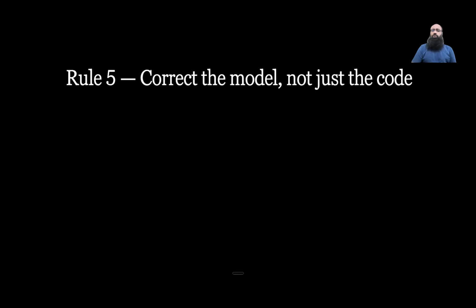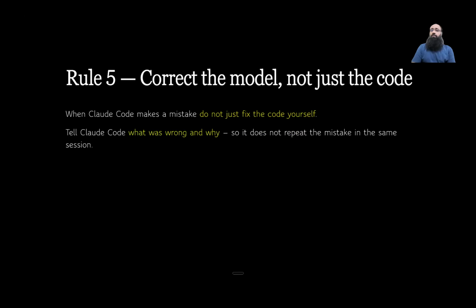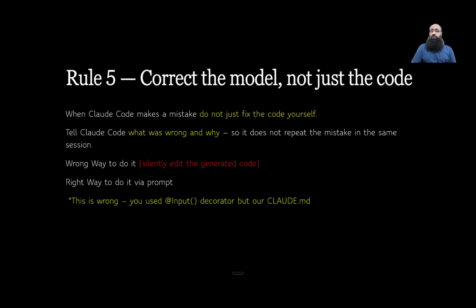And the 5th golden rule is to correct the model, not just the code. Let's say Claude has made some mistake. Don't fix it manually. Instead, tell Claude what's wrong and why, so it doesn't repeat it again. If it does it again, we might need to update our Claude.md file.